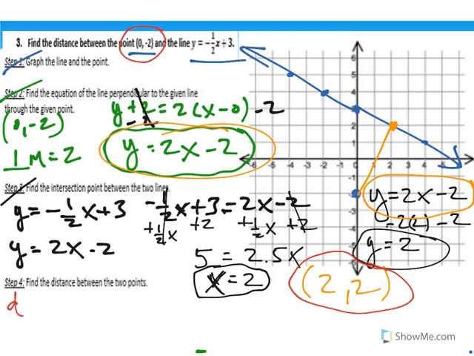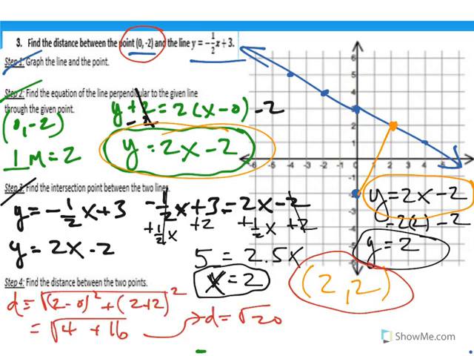I'm just going to use the distance formula in this next step, with a few more shortcuts, to solve for that. And so I would find out that my distance, what I've been trying to find this entire time, is d equals the square root of 20, or roughly about 4.47. Either one of those answers would work.